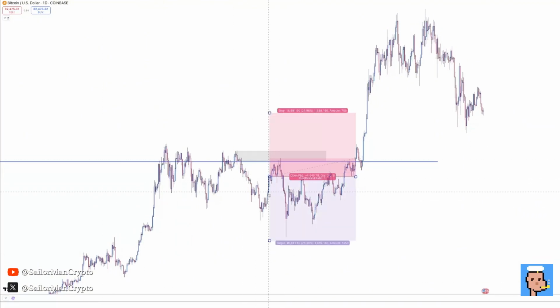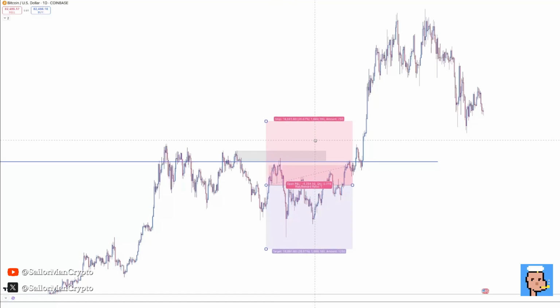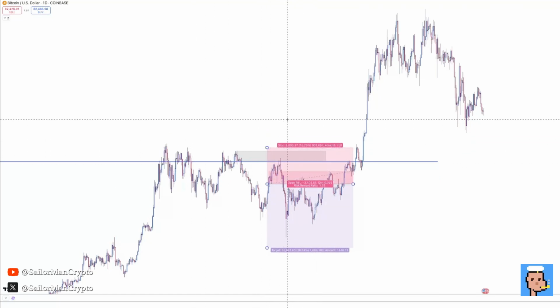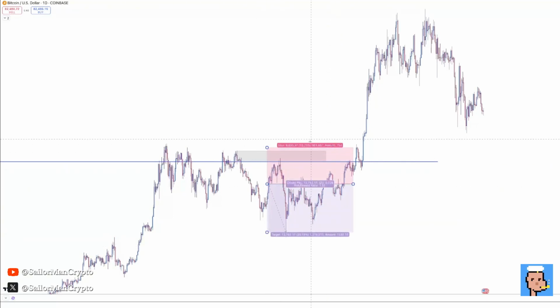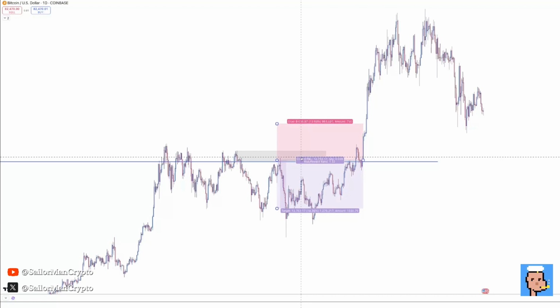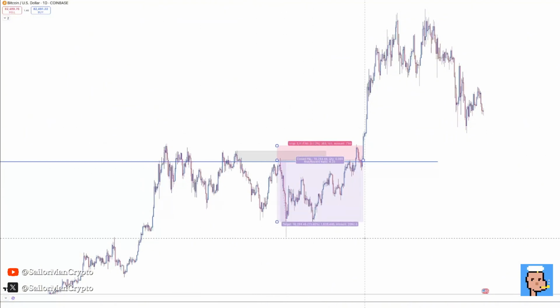Because if you try to short anywhere around this level here, your invalidation will be very far away from your entry and your risk reward will be messed up. While if you find your entry for a trend reversal very close to your invalidation, at supply and resistance, your risk reward will be much better.